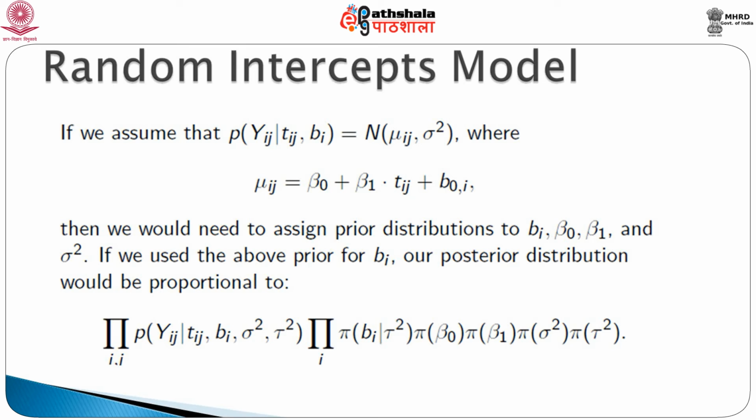Ultimately, the posterior distribution is proportional to this term. The first term is the likelihood, the second term is the distribution of bi given tau squared, and the terms onwards are all the parameters for which we have assumed the priors.